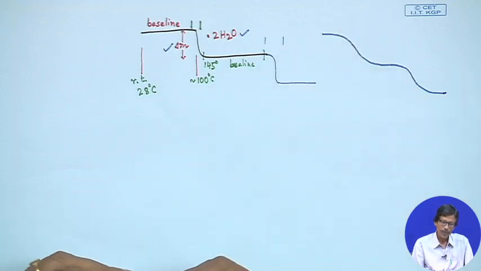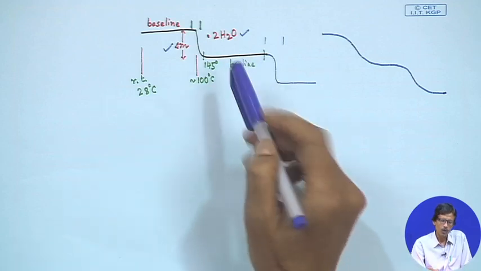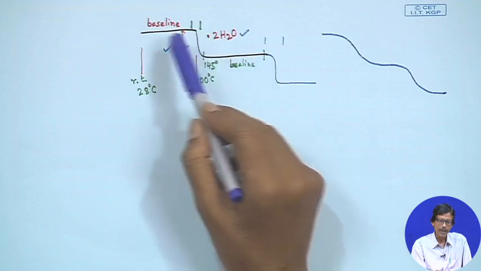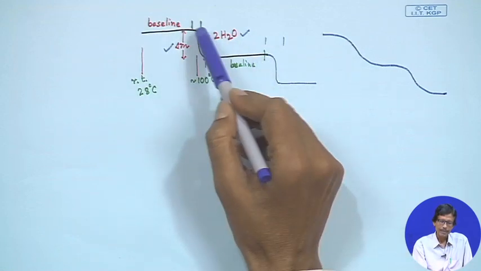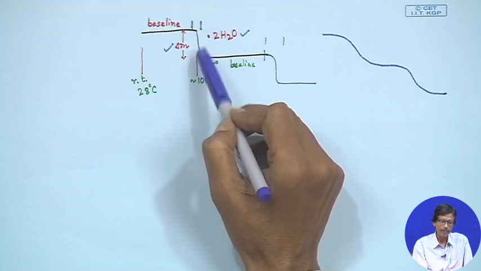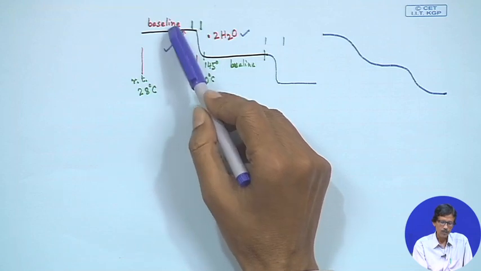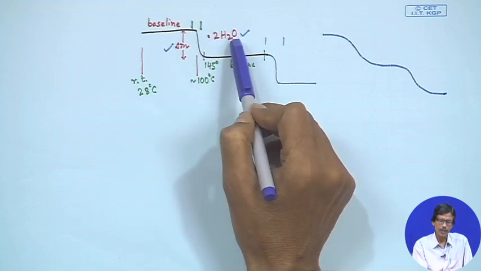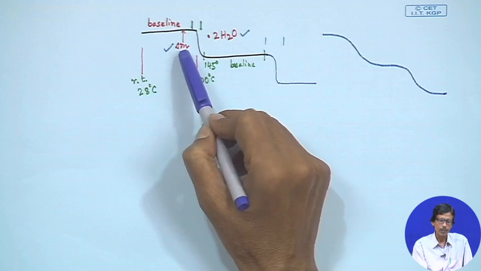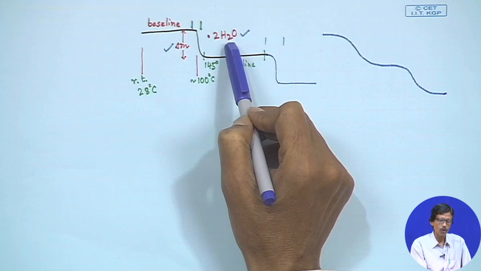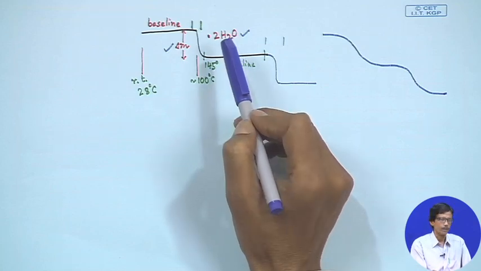So, the very important criterion for the quantitative analysis of the TGA data is that you should have a typical baseline at the beginning and at the end, such that in a very small temperature change window we have a typical delta m value. From this axis we find out the delta m value in milligram, and we should try to correlate whether this mass loss corresponds to the corresponding amount of water being lost from the sample taken for your analysis.